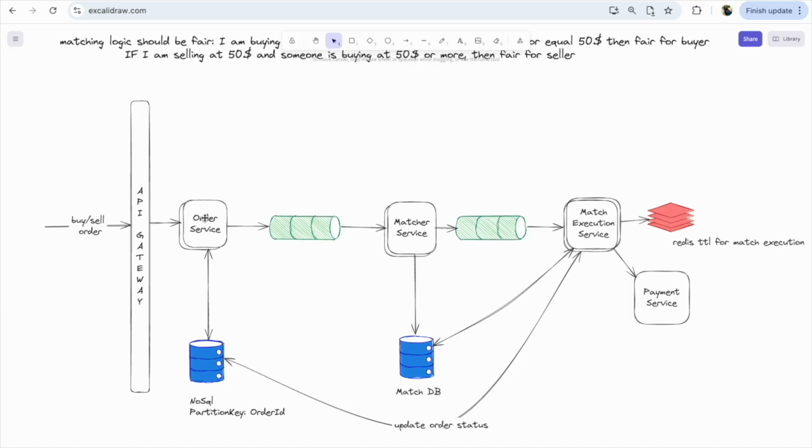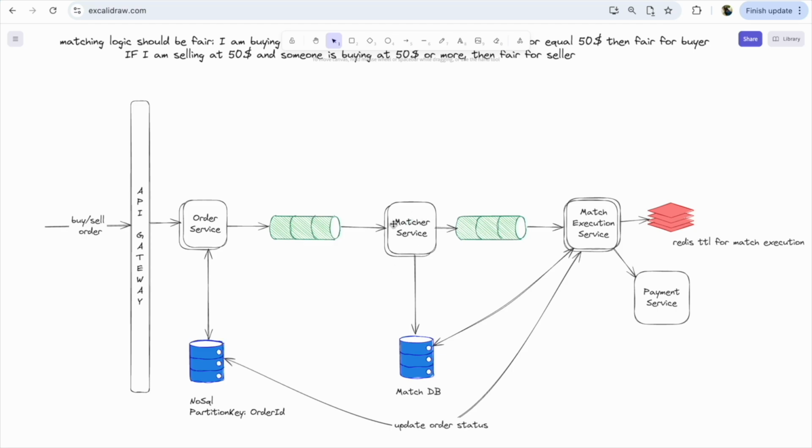Apart from storing the order request in the order database, the order service will put this order request in this queue. There will be one matcher service that listens to this queue and tries to match the buy orders and sell orders.